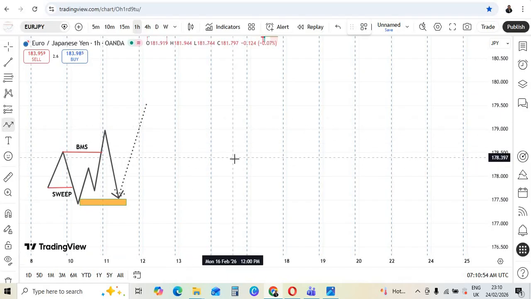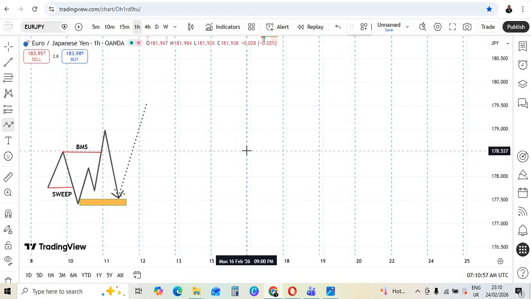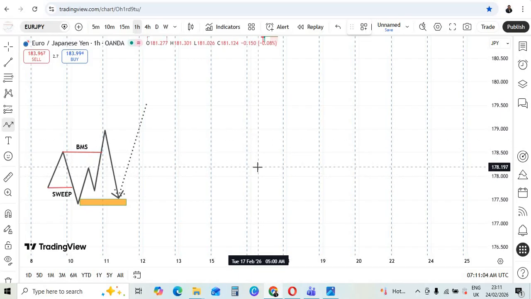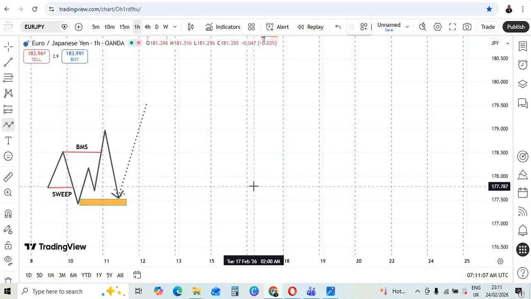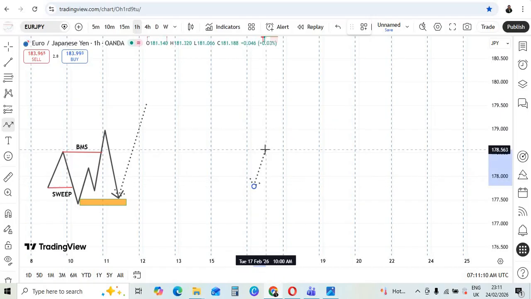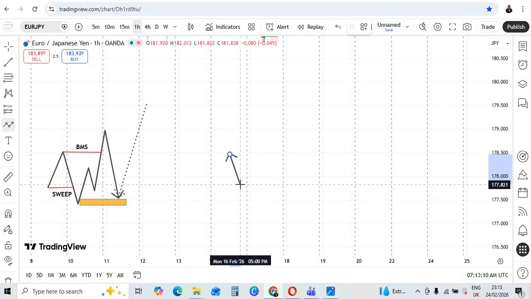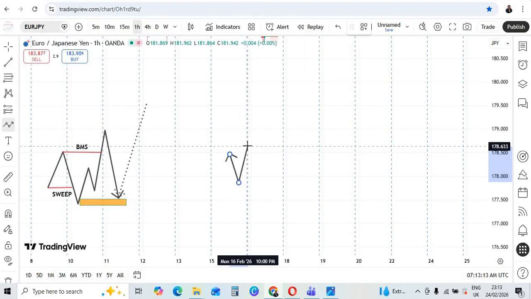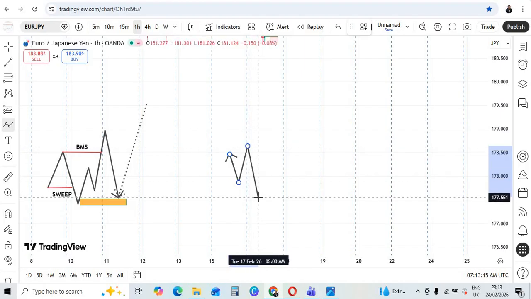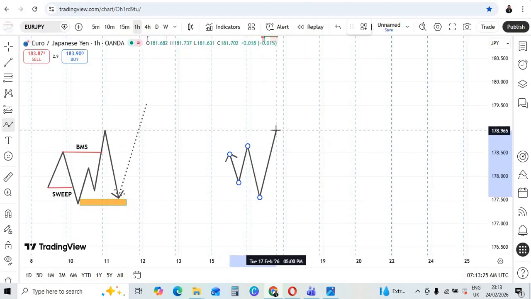Then the second one is this. This is the second one. We're having a sweep of the last low, and we're having a break of this high.